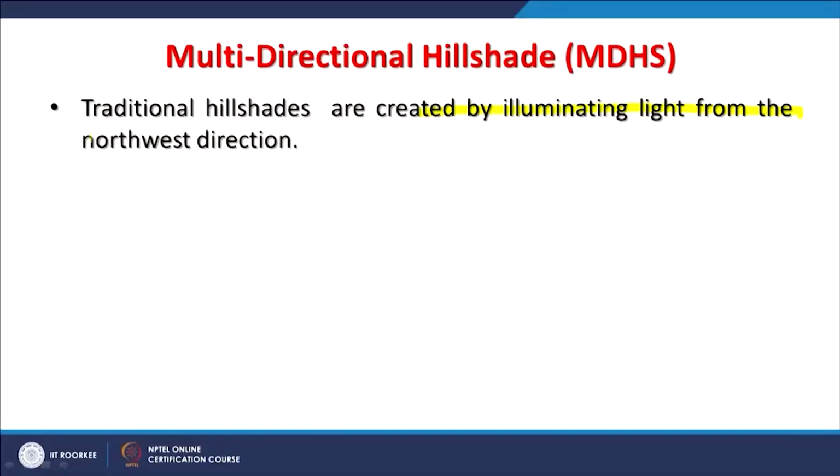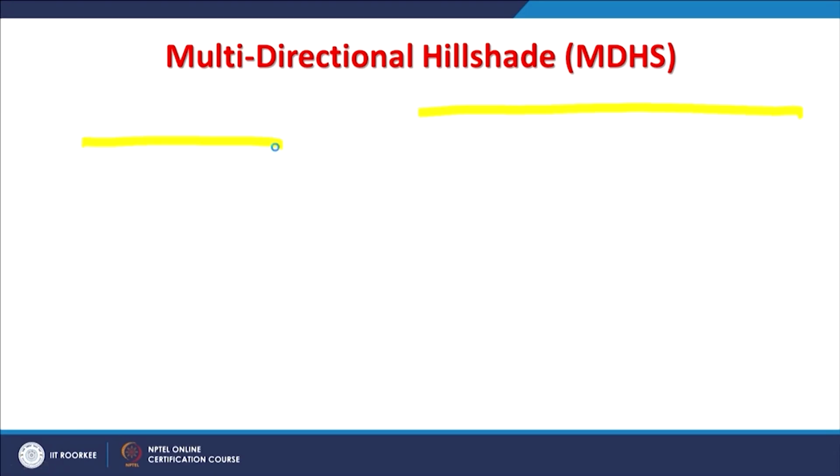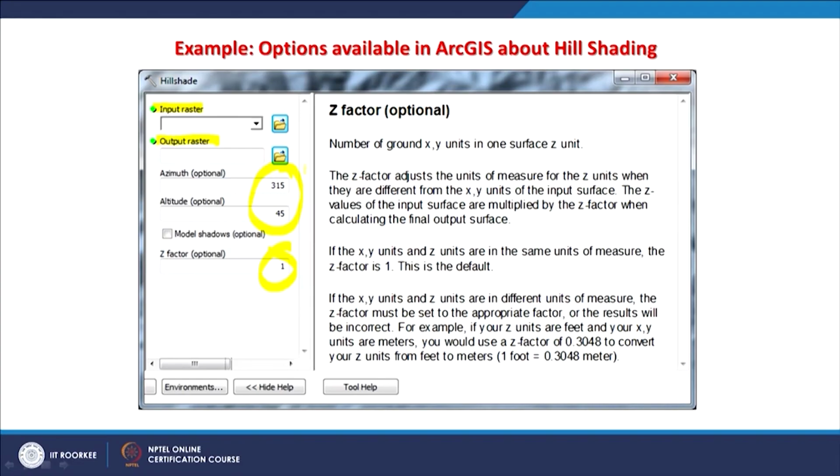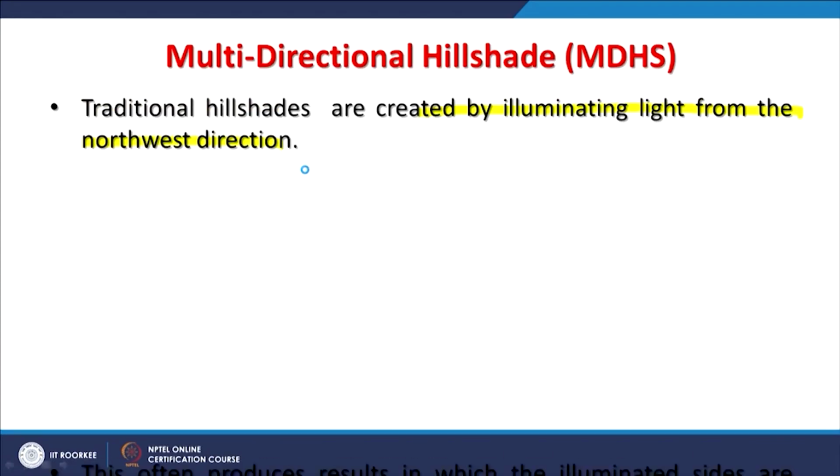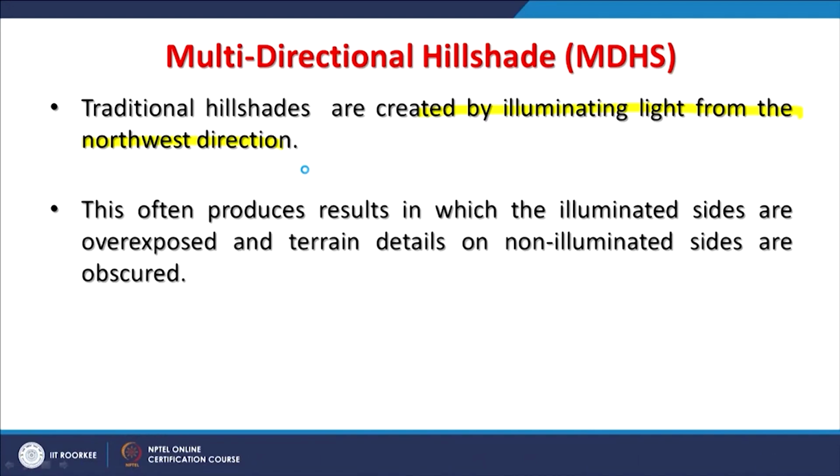The traditional shade is created by illuminating light from only the northwest direction. Though I can create it from any direction by changing the angle in my software, it would always be a single direction. But if I want to create a shaded relief model having multiple directions, that is MDHS, how do I do it and how does this concept work?